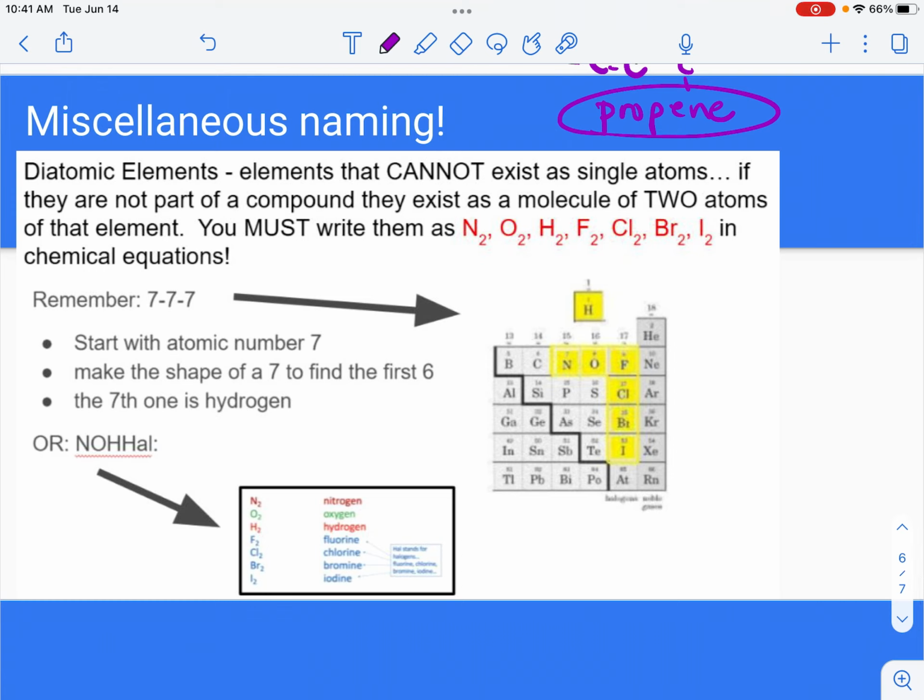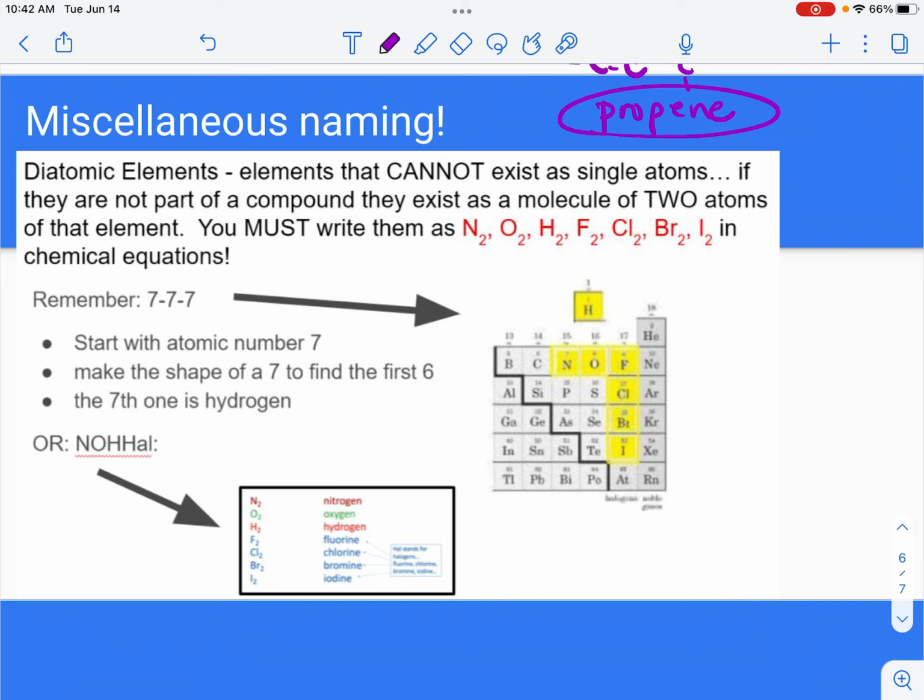There's only one other thing that's in this set of learning targets, and that would be your common names of like water and ammonia. Ammonia really is an organic name, but it's not something that you know yet. So those you should definitely make sure you know, and then don't forget your diatomics. This would be elements that when they are elemental, they have to be 2 atoms together.